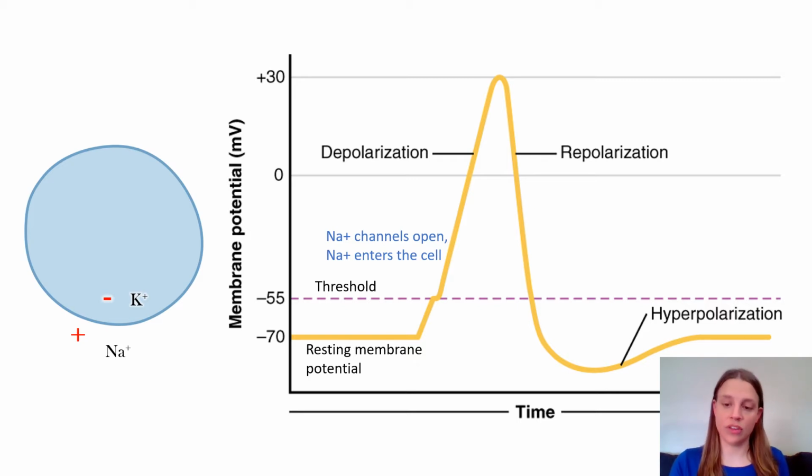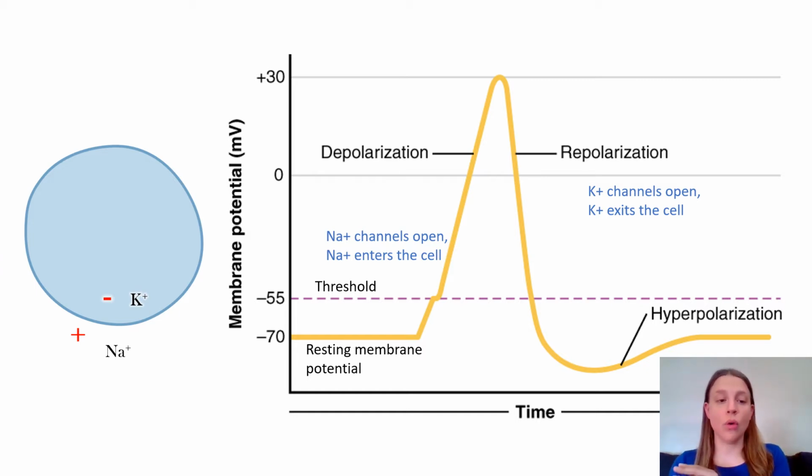Now, repolarization is caused when the sodium channels close, then the potassium channels open. Potassium is then free to move from the area of high concentration inside of the cell to the area of low concentration on the outside of the cell. This movement of positive potassium ions causes repolarization, which is the membrane potential dropping back down to more negative.